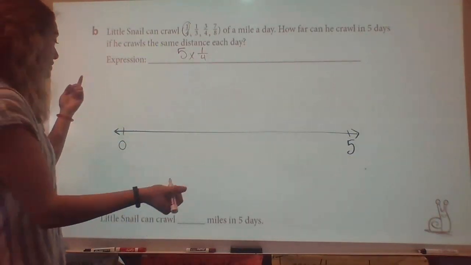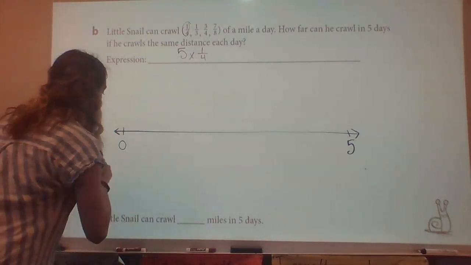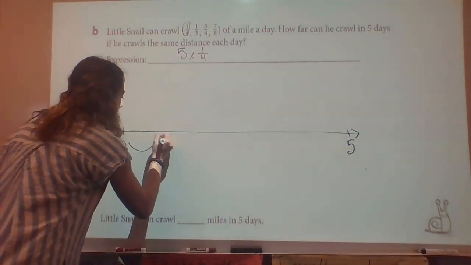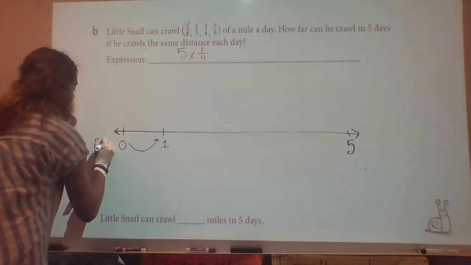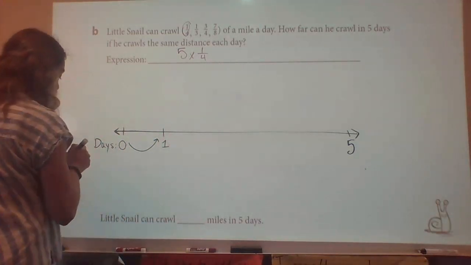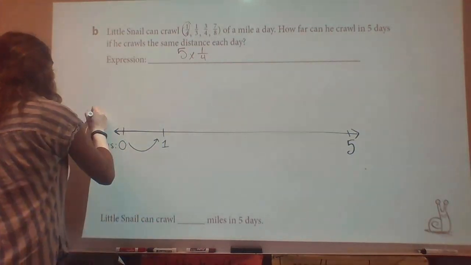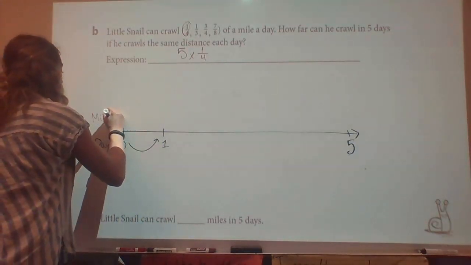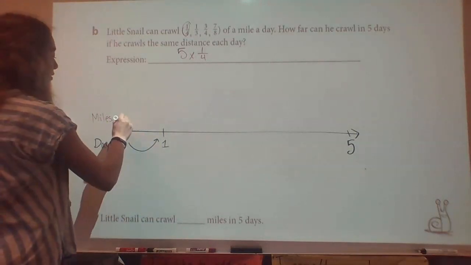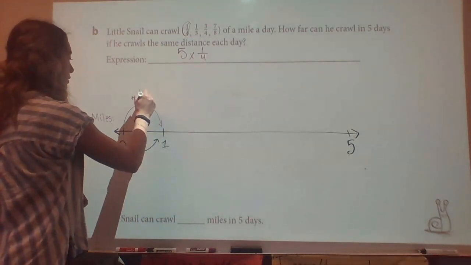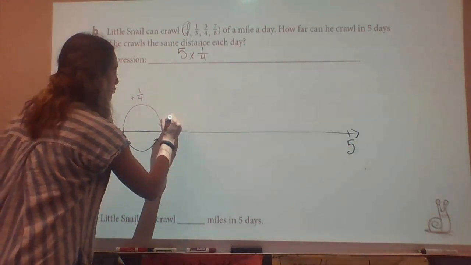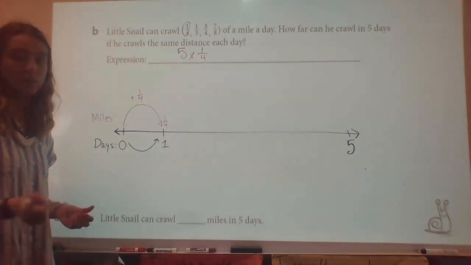He's going to crawl 1/4 of a mile each day. So we know that the first day, day 1, on the bottom, days, miles, he goes 1/4 of a mile. So plus 1/4, and he ends up at 1/4 of a mile.